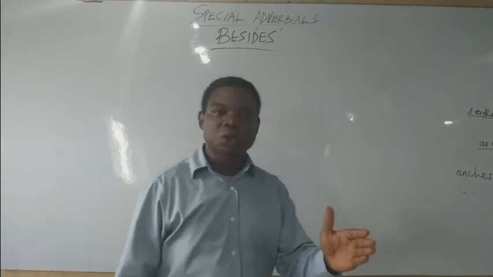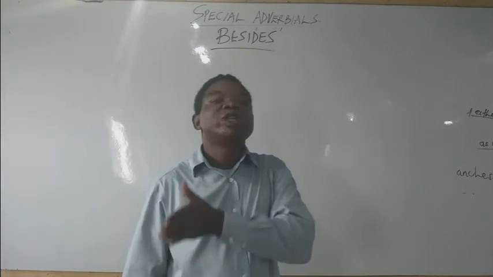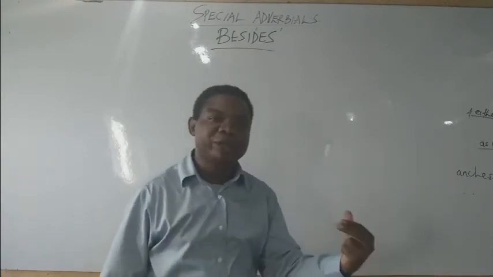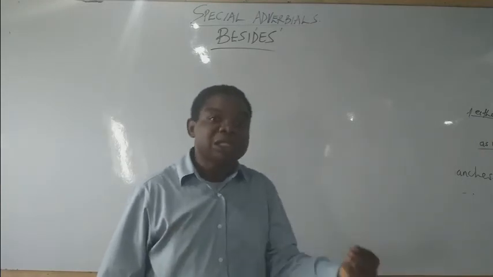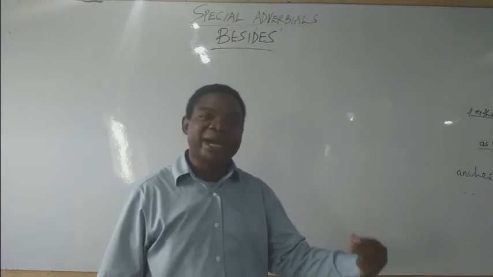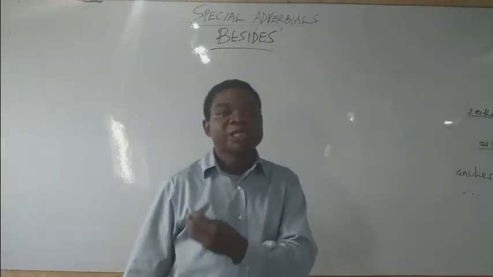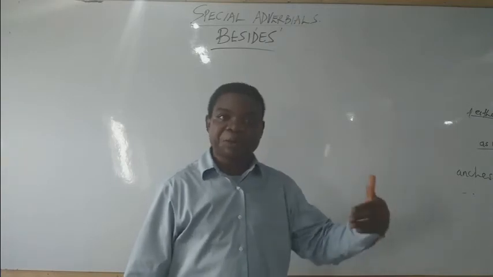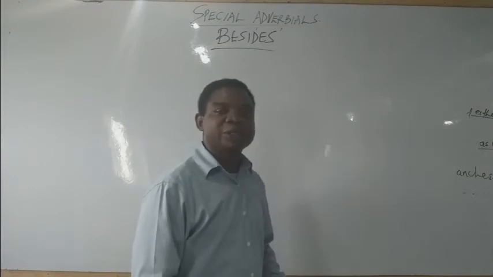The first clause is negative. Second clause is also negative. But the second one is affirming what is being expressed, meaning it is supporting what is expressed by the first clause. When the second clause is negative and it affirms what is being expressed by the first clause, in that instance, what comes there is what? Besides.